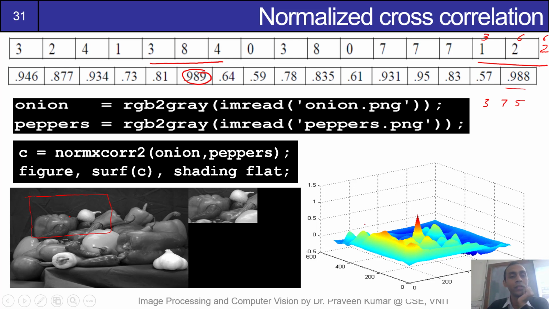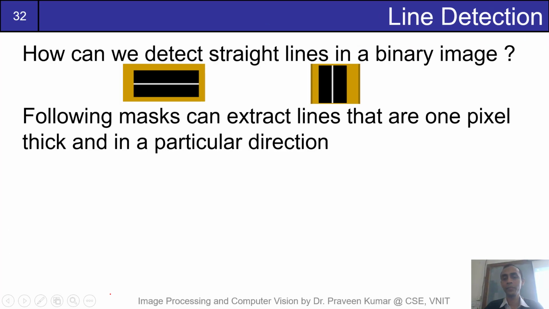You have a distinct peak at the location where there is a closer match. Of course, it may not always be so. Template matching is quite tricky. Sometimes you get very close peaks, and picking a distinct peak is a little difficult, especially if it's not a simple binary image. If it is a color image, template matching is not a robust operation, but it is a preliminary operation by which you can do that.